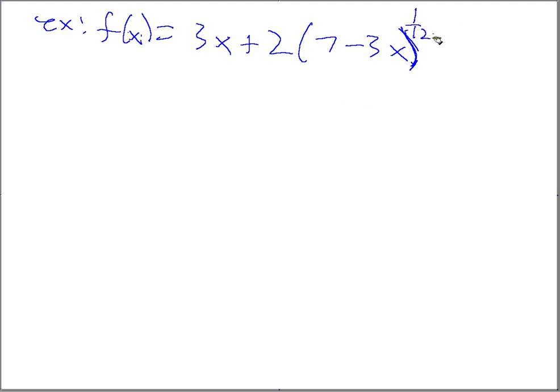All right? But again, there's your root index. Again, find the domain. I should say find D for domain.